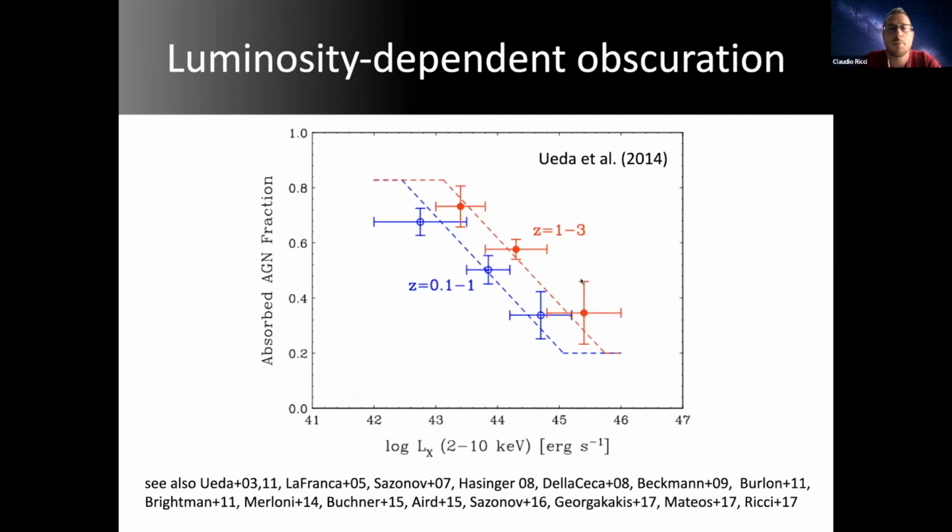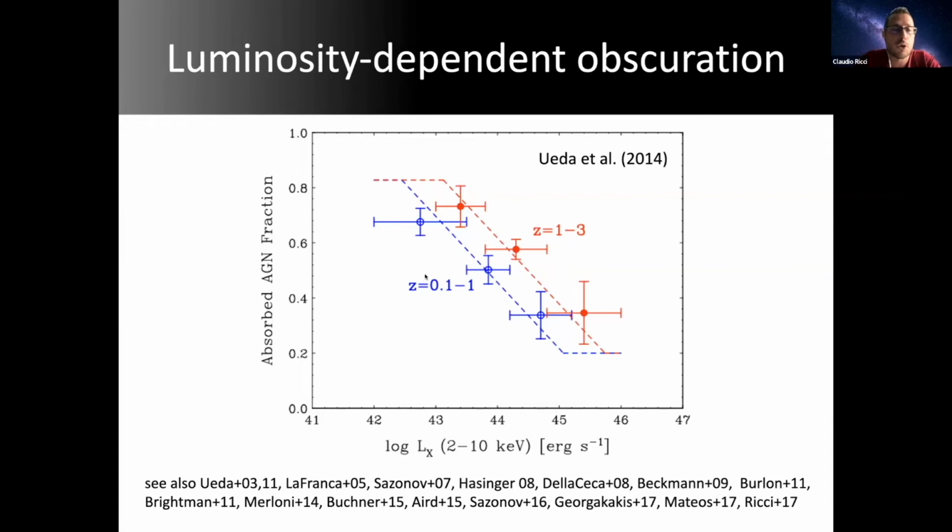One thing that's been clear for now over 40 years, the first paper on this was in '82 by Lawrence and Elvis, is that obscuration is affected by the radiation produced by the AGN. And this is not a surprise because we know that there is feedback, and obviously the place closer to the accreting supermassive black hole is going to feel the effect of this feedback rather strongly.